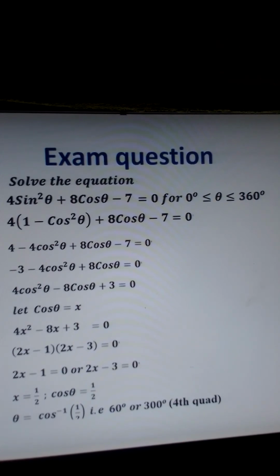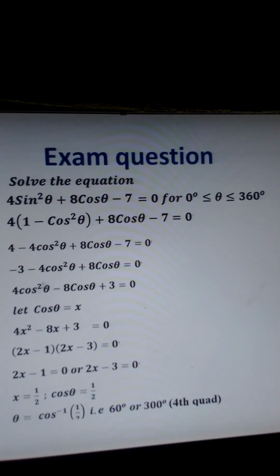So here we can open the brackets. 4 times 1 is 4, minus 4 times cos squared theta, plus 8 cos theta minus 7 is equal to 0. So 4 minus 7 is minus 3, minus 4 cos squared theta plus 8 cos theta is equal to 0.